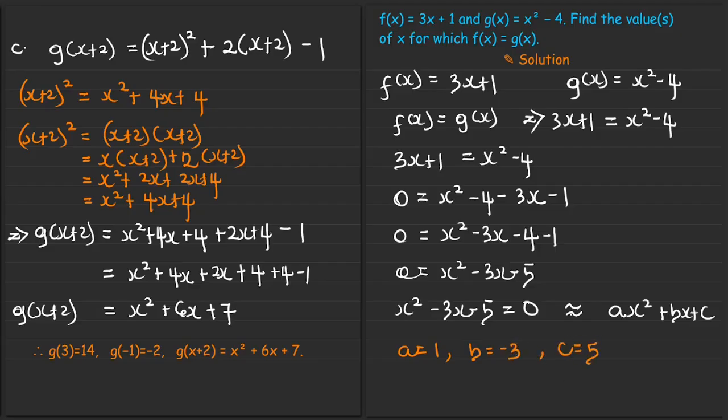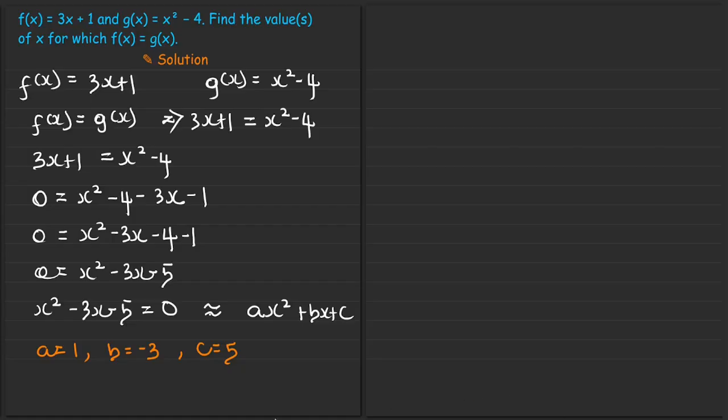Now using the quadratic formula, we know the quadratic formula says that x is equal to negative b, then plus or minus the square root of b squared minus 4ac, then all over 2a.